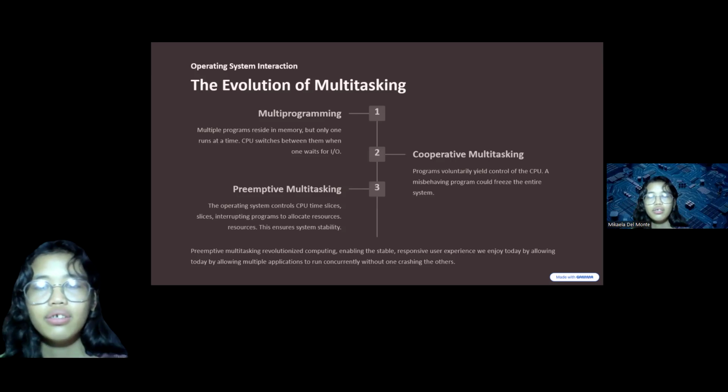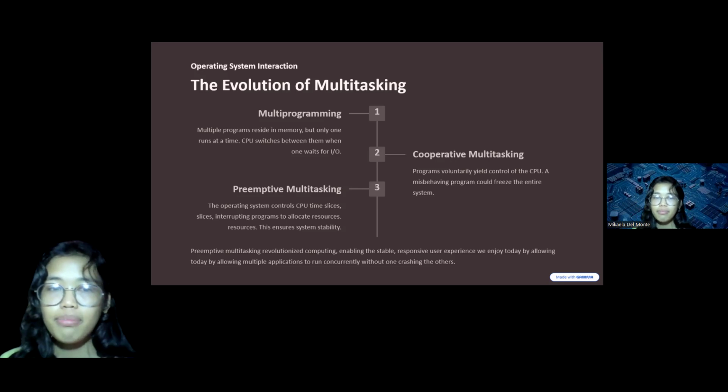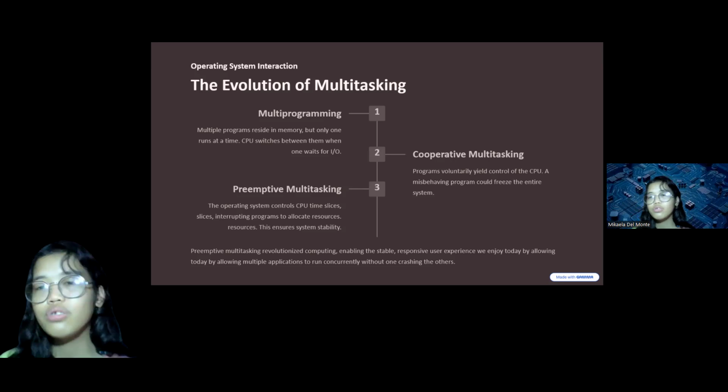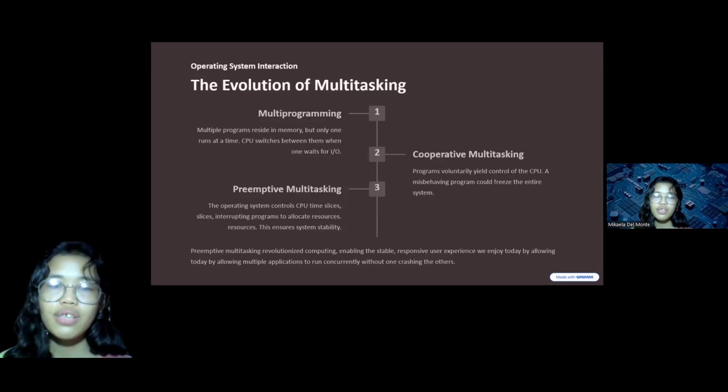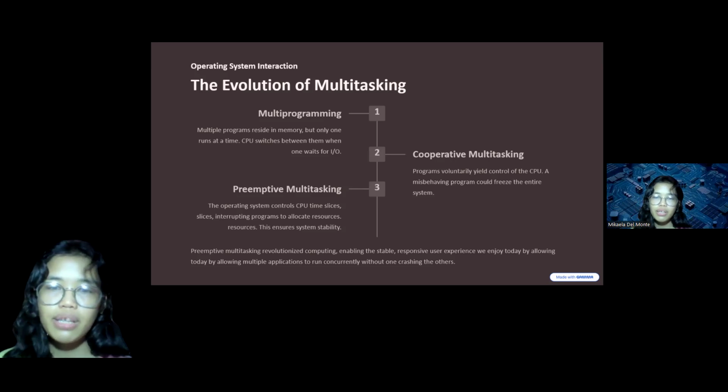Another is cooperative multitasking, where programs voluntarily yield control of the CPU. A misbehaving program could freeze the entire system. The third one is preemptive multitasking. This controls the CPU's time slices, interrupting programs to allocate resources, and this ensures system stability.